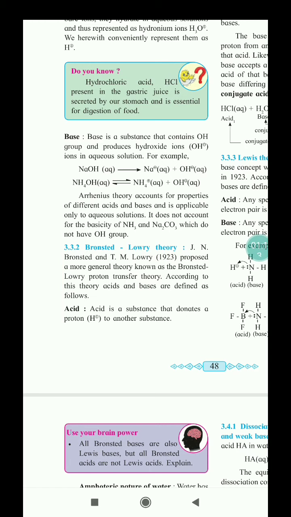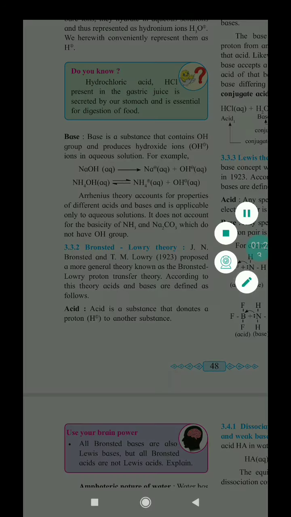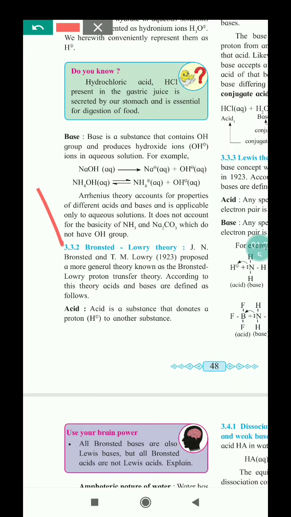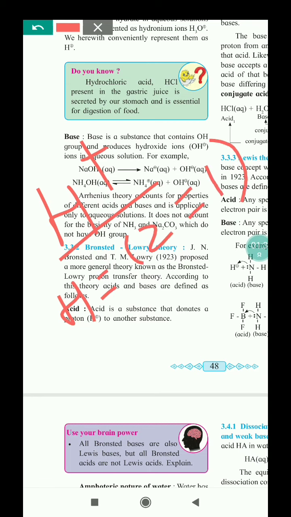According to Bronsted-Lowry theory, an acid is a substance that donates a proton to another substance. Here H positive is called a proton. Now students, H means hydrogen atom, and you know that the atomic number of hydrogen is 1. So it contains 1 electron and 1 proton.